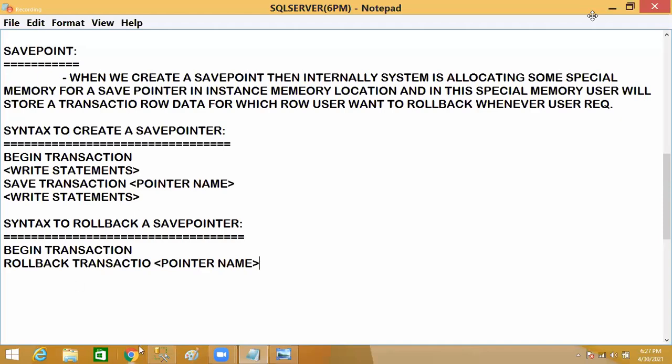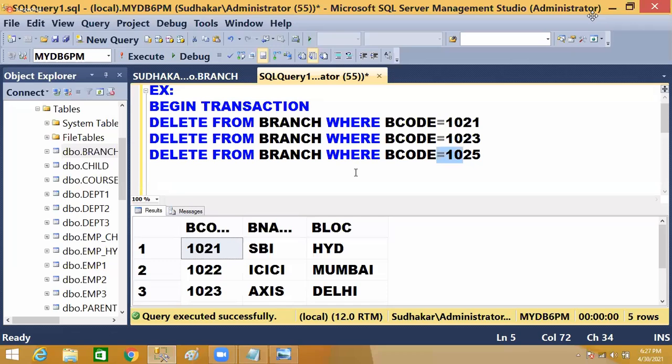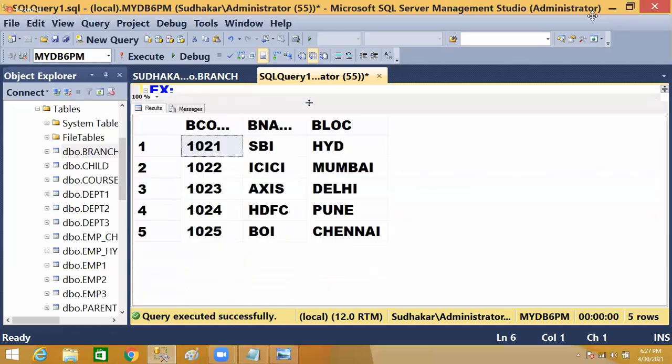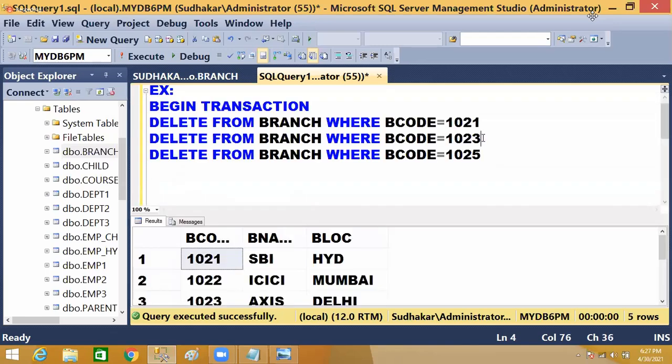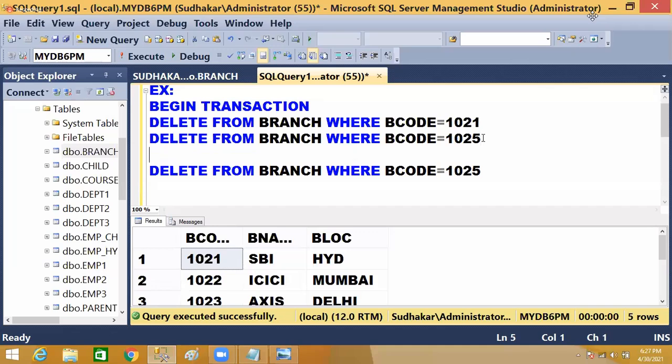Now let you come back. This is your table, guys. Still in my table there are 5 records. Suppose the records I want to write under the savepoint: 21 and 25 I don't want. The transactions I want to save in the S1 savepoint are 2 and 3.